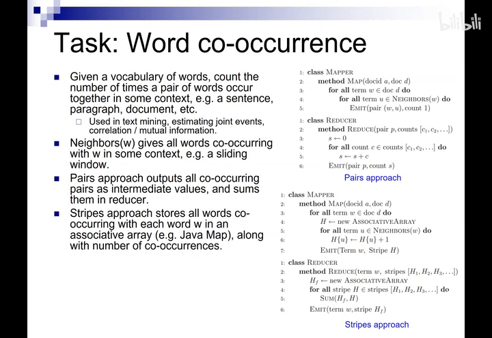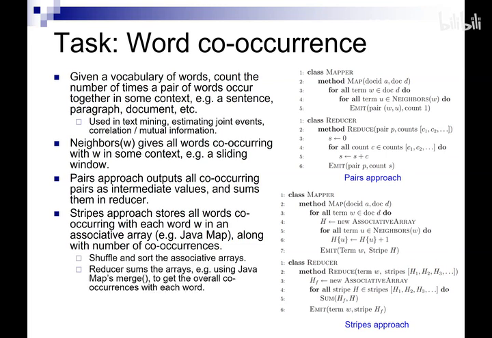And then for the reducer part, for each mapper and for each word, that mapper is going to produce one pair of this form for that word. So the reducer is going to get, for each word, a bunch of these associative arrays, one from each mapper. Let's assume that we have some way of merging these arrays.